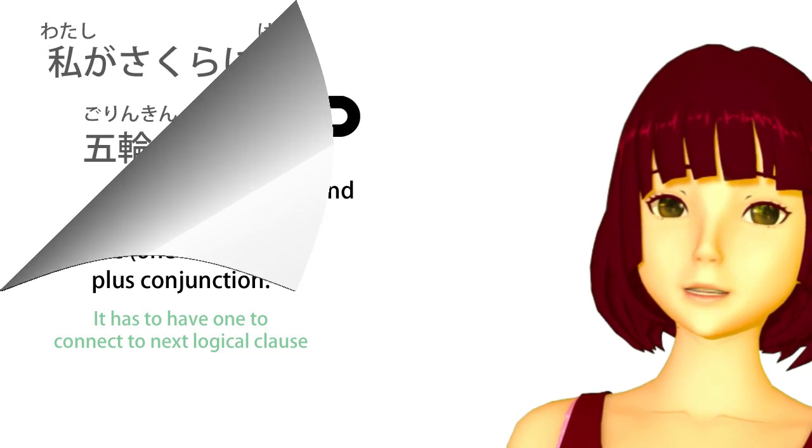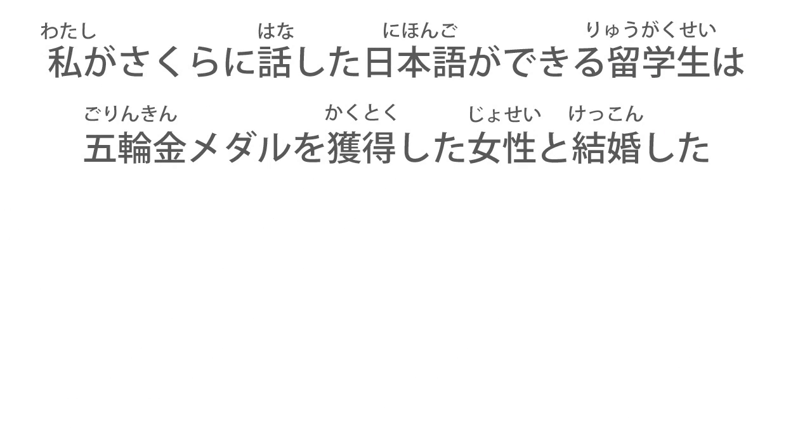So the sentence is, 私が桜に話した日本語ができる留学生は5連金メダルを獲得した女性と結婚した。Now, as you can see, that looks pretty complicated. How do we go about it? How do we go about analyzing it?